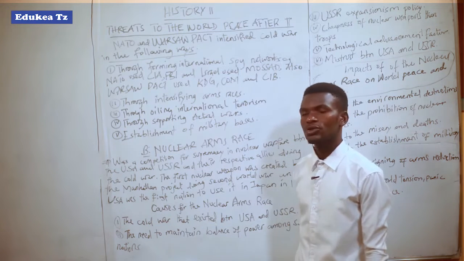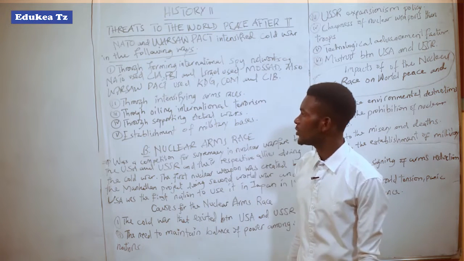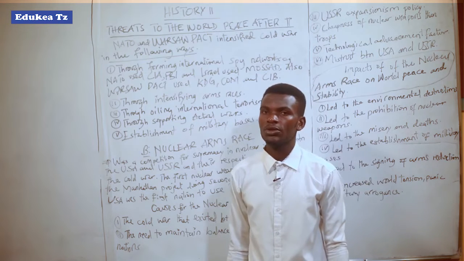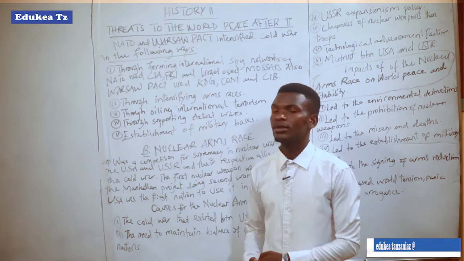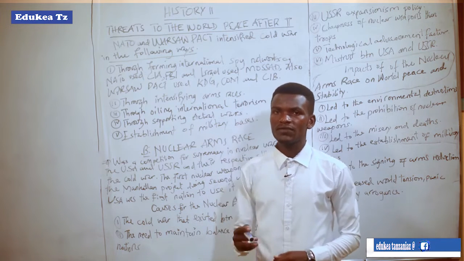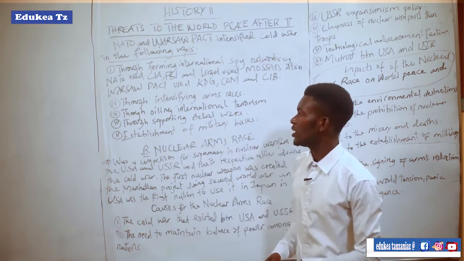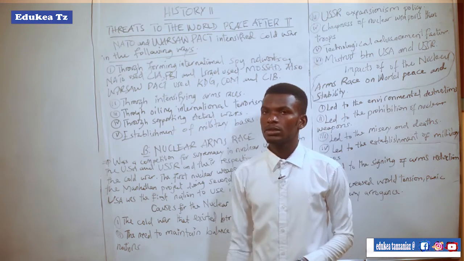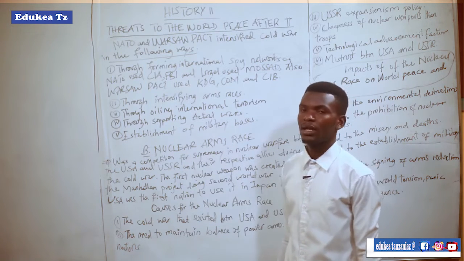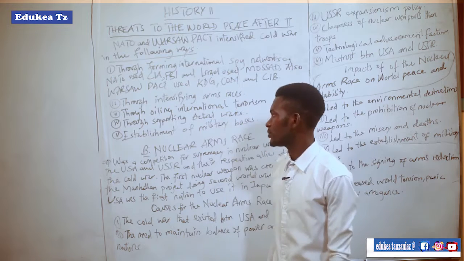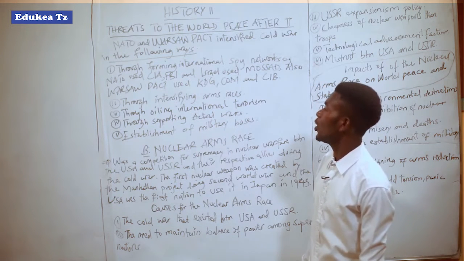On the other end, the USA supported South Korea because South Korea was supporting the capitalist ideology. That intensified the Cold War. Even during the Vietnam War, the USA supported South Vietnam and the USSR supported North Vietnam. So that war intensified the Cold War.